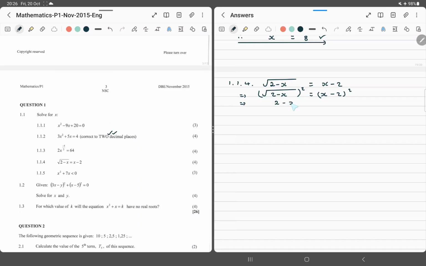So this becomes 2 minus x equals x squared minus 4x plus 4. We move things around to this side and rearrange. We get x squared minus 4x plus x is going to be minus 3x. Transpose the 2, it's going to be plus 2 is equal to 0. So that is the story.